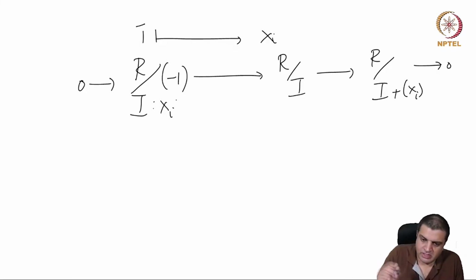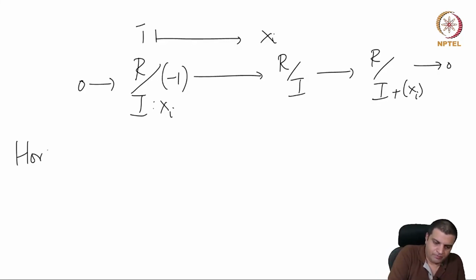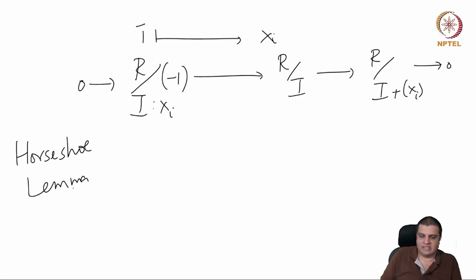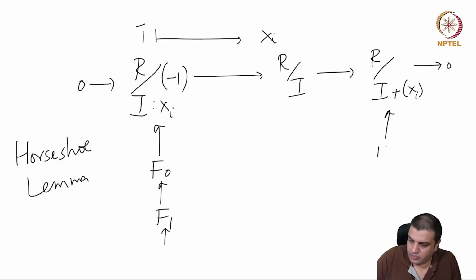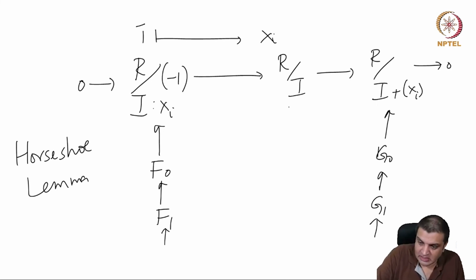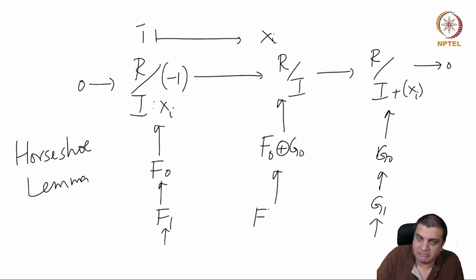Now there is a standard construction in homological algebra called the horseshoe lemma, which you will work out as an exercise. If you have a resolution like this, say G0, G1 and so on, one can construct a resolution for the middle term by taking F0 direct sum G0, with appropriate maps. The maps are not obvious. One can work it out, but they are not just direct sums.